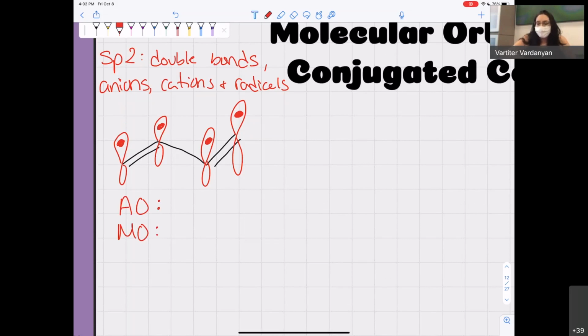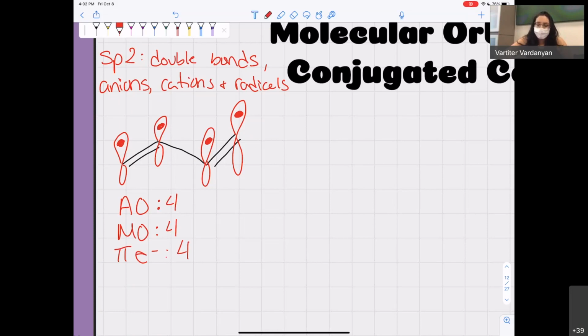Okay, so in this case, the number of orbitals are literally just the number of p orbitals that you see here, right? So we have 4 and 4. And the number of pi electrons we have is also 4, because there's going to be 1 electron in each of the orbitals that are connected to a double bond.